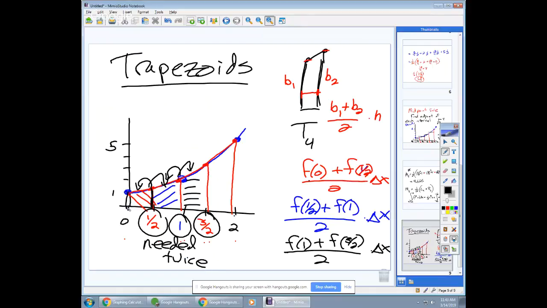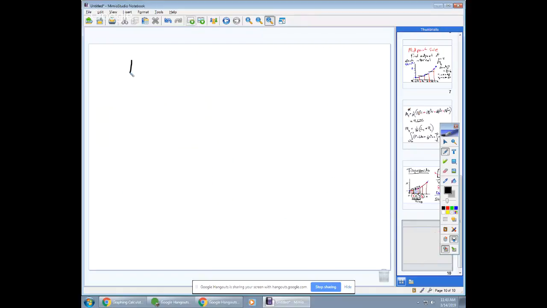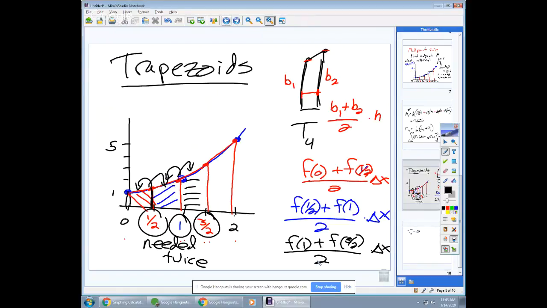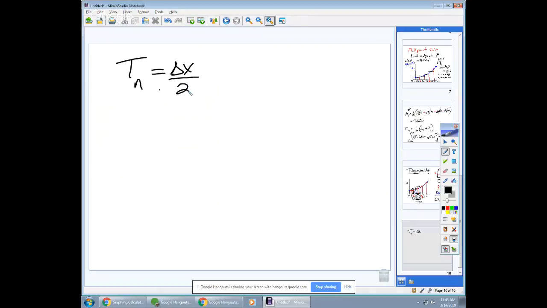So the general formula for trapezoids is going to look like this. So Tn, find your delta x. I'm just going to pull that out front. And then notice every one of these has a half in it, so I'm going to factor out a half too. So I'm going to factor out a delta x over 2. And then it's just f of x0 plus 2 f of x1 plus 2 f of x2.